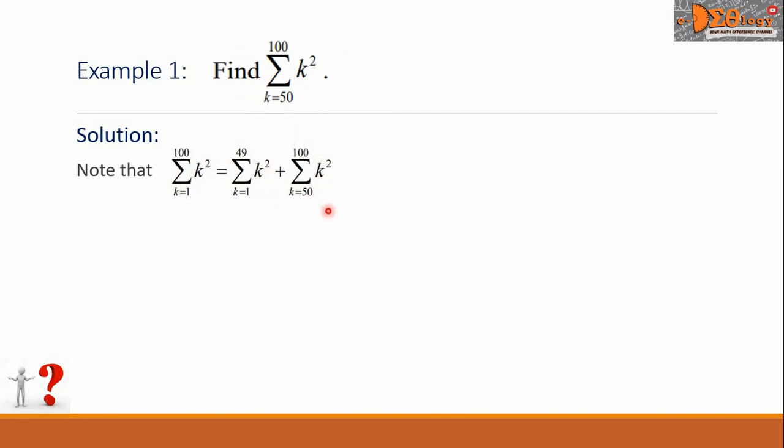With this equation, if we want to solve for this summation, we're going to transpose this first summation to the left side. So we will have like this. Summation of k square, where k equals 50 up to 100, and that is our problem, is equal now to summation of k square, where k equals 1 up to 100, minus summation of k square, where k equals 1 up to 49.